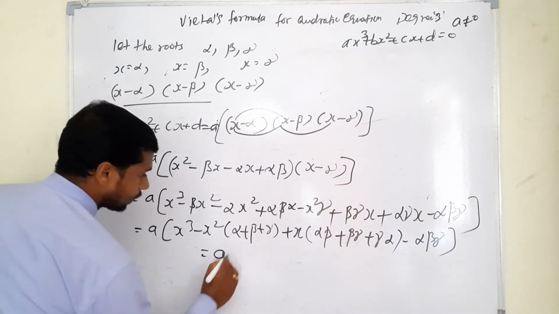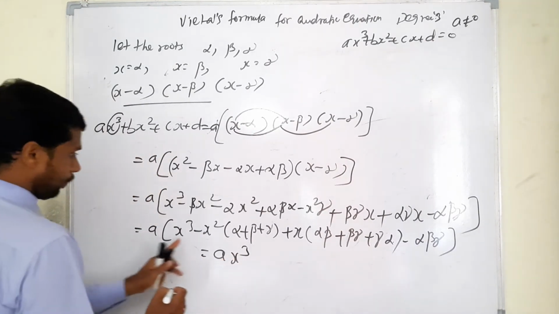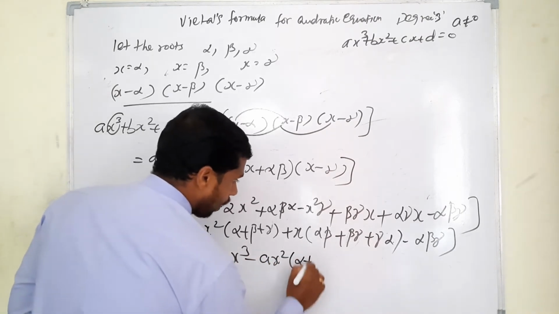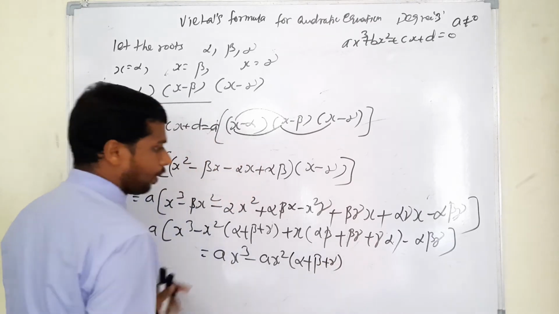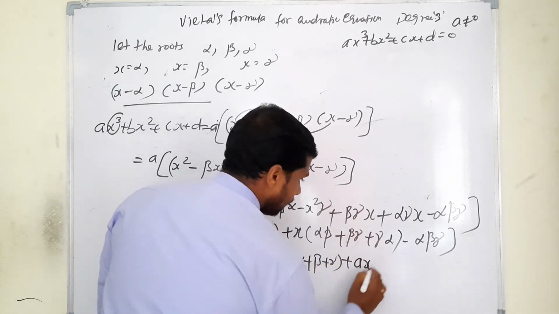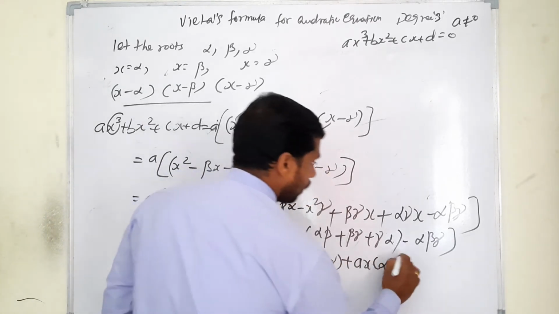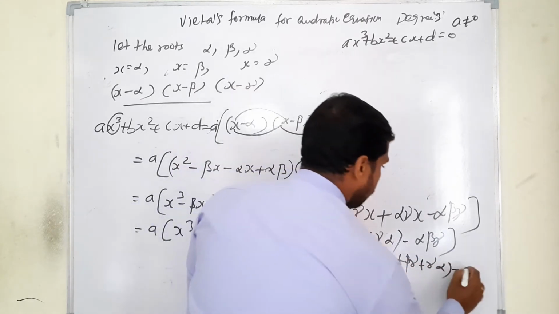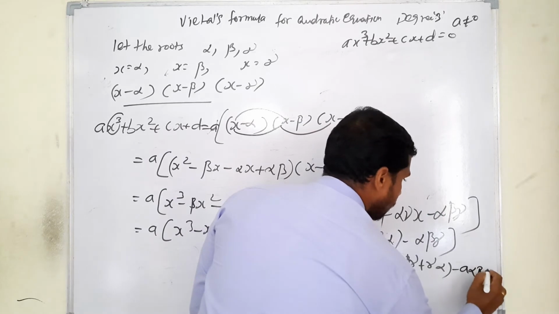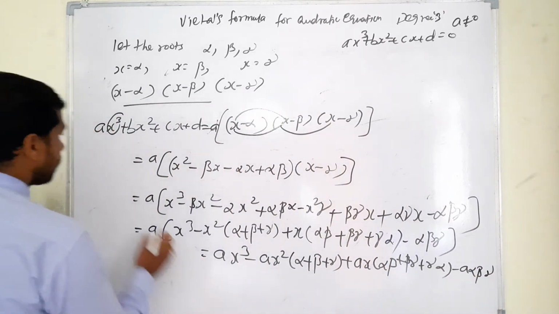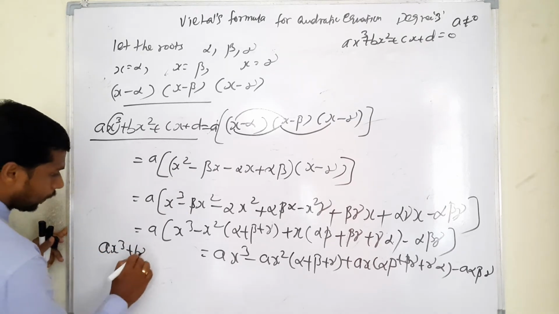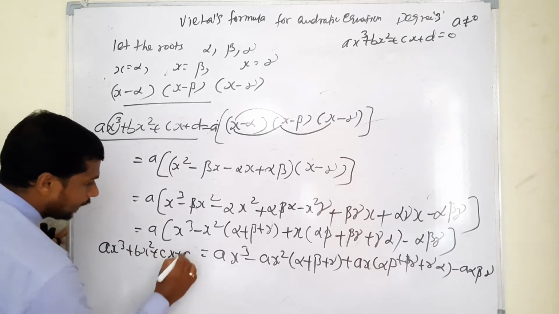Into a means ax cube, then minus ax square into alpha plus beta plus gamma, next plus ax into alpha beta plus beta gamma plus gamma alpha, last minus a alpha beta gamma. So now this is actually ax cube plus bx square plus cx plus d.